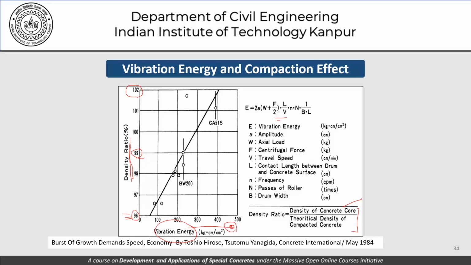If you see, this is the equation that is given, and these are the kind of variables that are involved. The vibration energy is related to the amplitude of vibration, the axial load, the centrifugal force of the roller. We will see that slide shortly, which gives you insight into this centrifugal force of the mass, the travel speed, contact length between the roller and the concrete surface, frequency, number of passes, and the drum width.